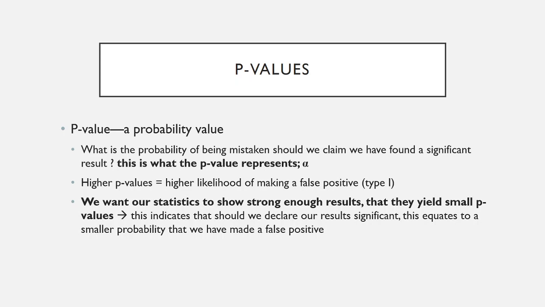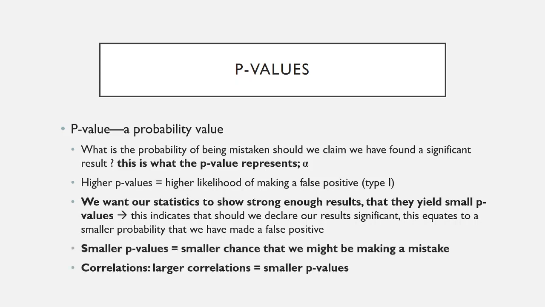This indicates that should we declare on the strength of our evidence that we have a real effect and declare our results significant, a smaller p-value is going to equate to a smaller probability that we've made the false, erroneous choice. So, again, all things being equal, smaller p-values are more ideal, as they indicate a smaller chance that we might be making a mistake should we claim significance.